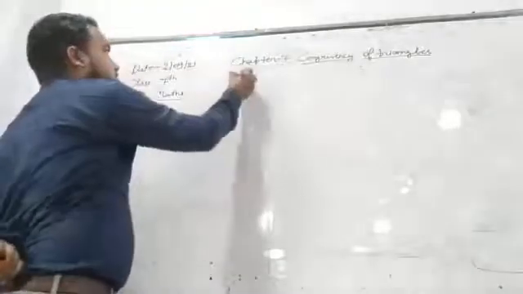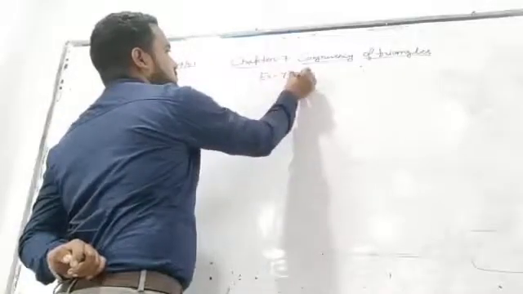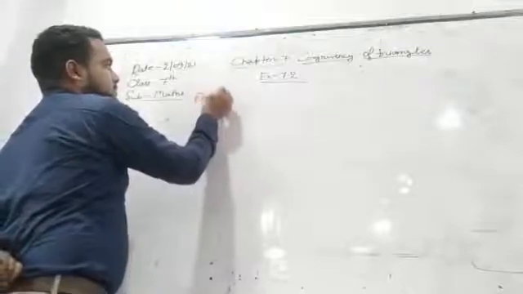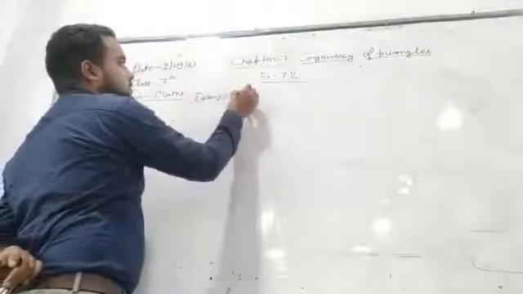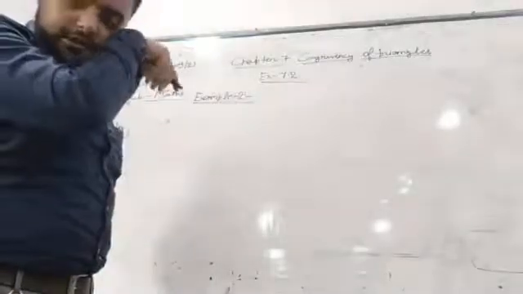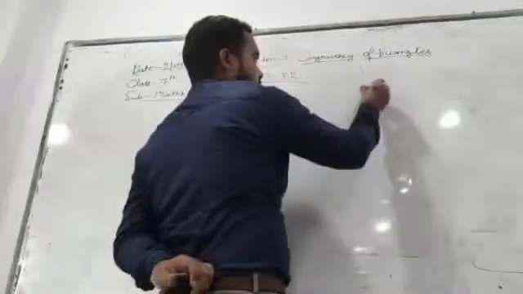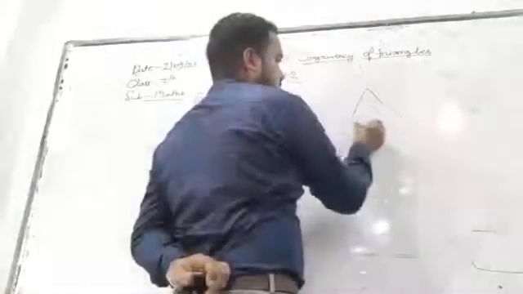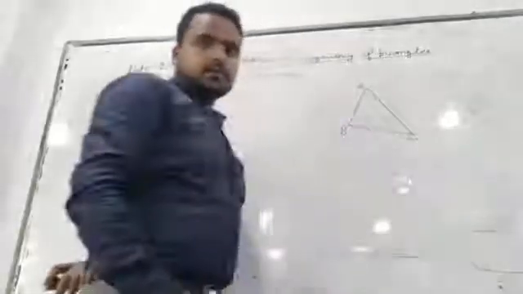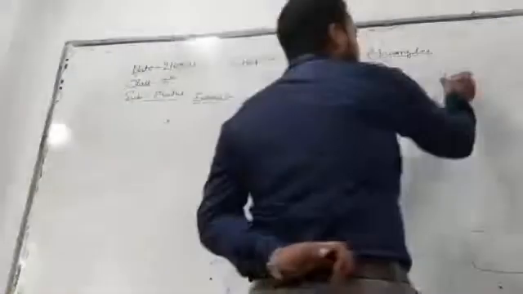So class, now from exercise 7.2, our first example, that is example number 2, which is based on criteria of congruency. In the first example, there are two triangles named ABC and another is PQR.